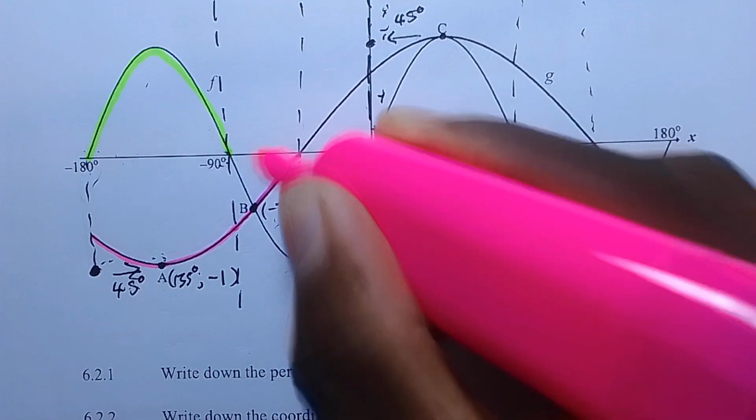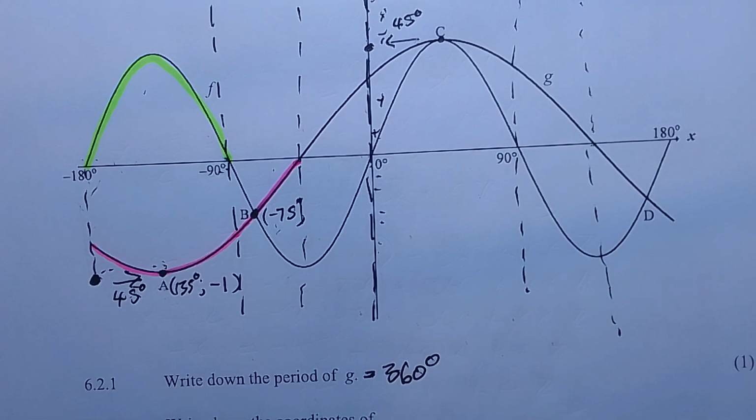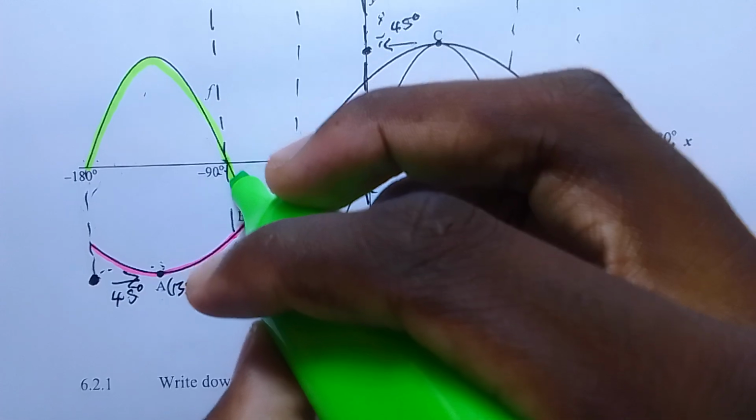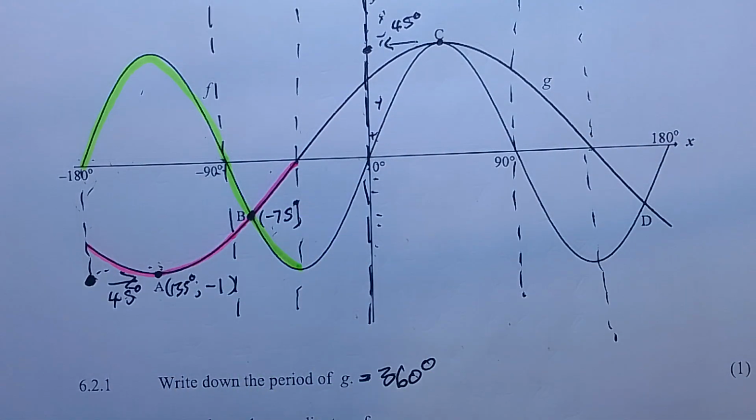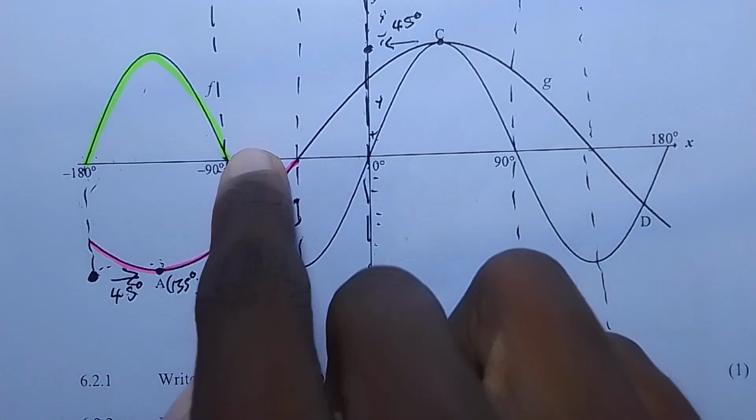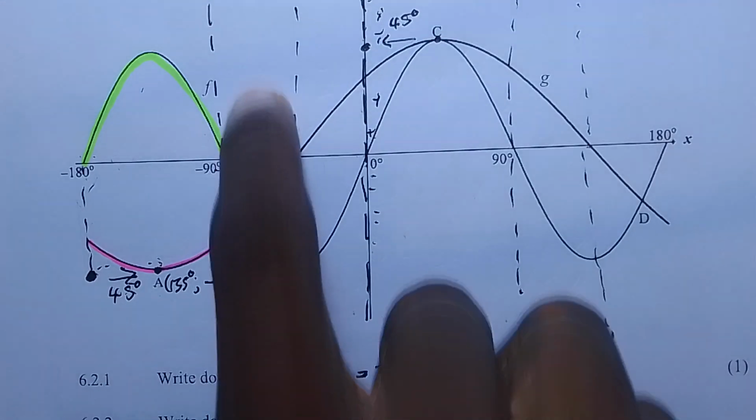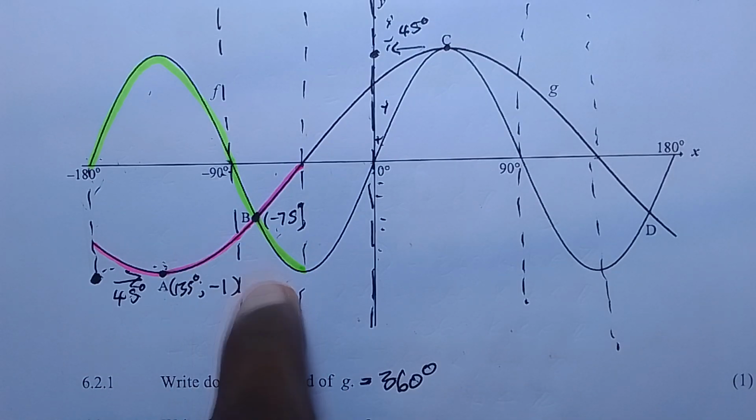G is negative and F is also negative. Now they are both on the same side. Therefore, this range we would not include in our answer because they are on the same side.